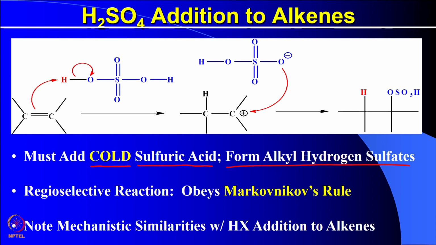So when you add this sulfuric acid, the double bond takes the proton and bisulfate anion is released, which in turn gets bonded to the carbocation and forms this bisulfate addition product. So again, the mechanism is similar to the mechanism of HX addition, and it also obeys Markovnikov's addition rule.